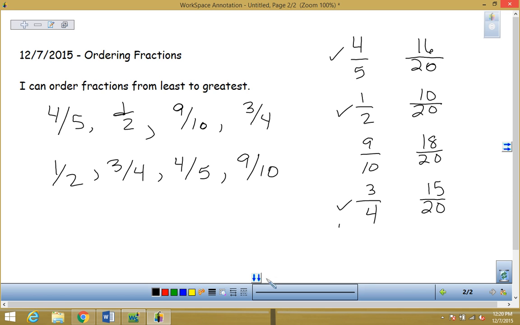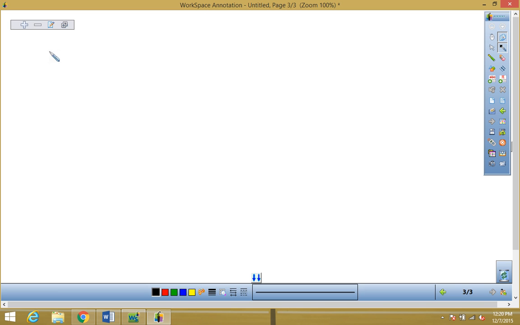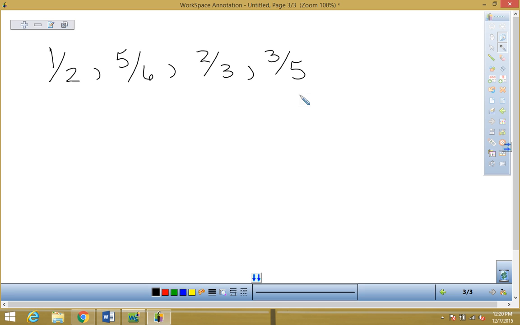Okay. I'm going to put another set of fractions up that I want you to try on your own. As soon as you get them written down, find the LCD and put them in order from least to greatest. Remember that if you need to, you can list them out.